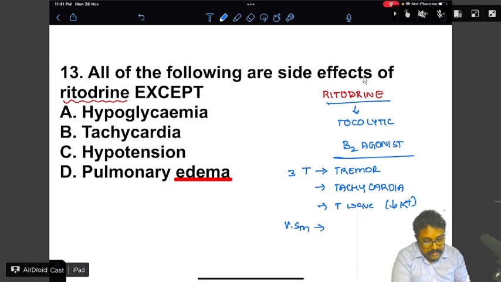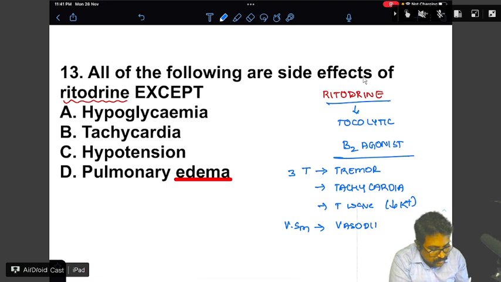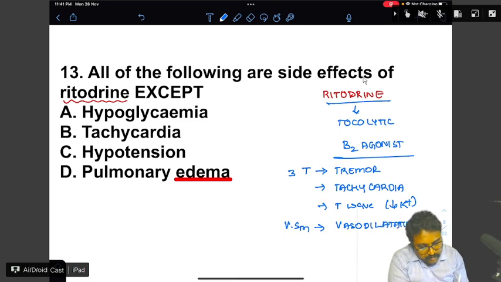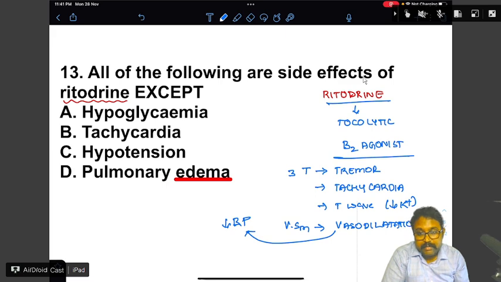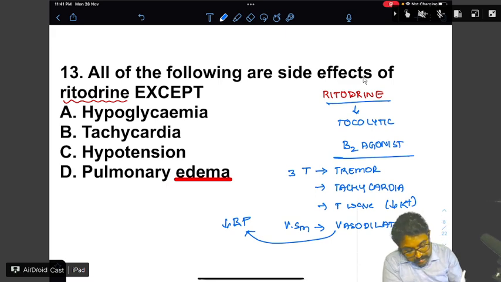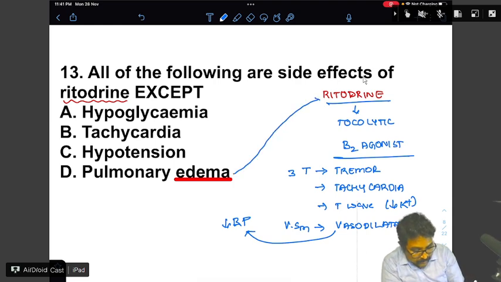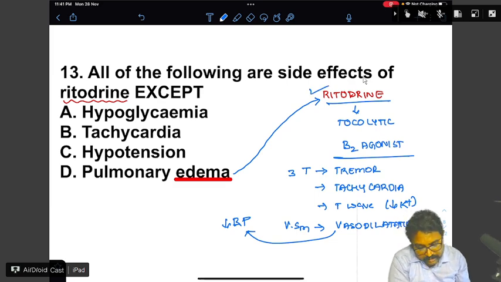Beta 2 receptors in the vascular smooth muscles will cause vasodilatation, which further will cause a fall in the blood pressure. And pulmonary edema is more specifically seen with ritodrine.